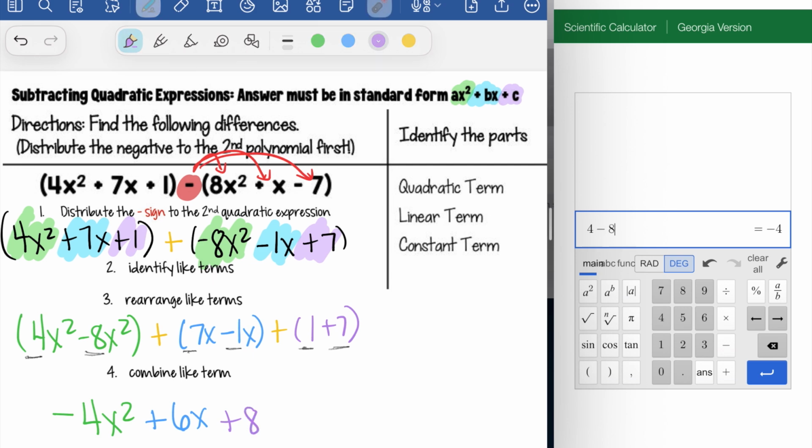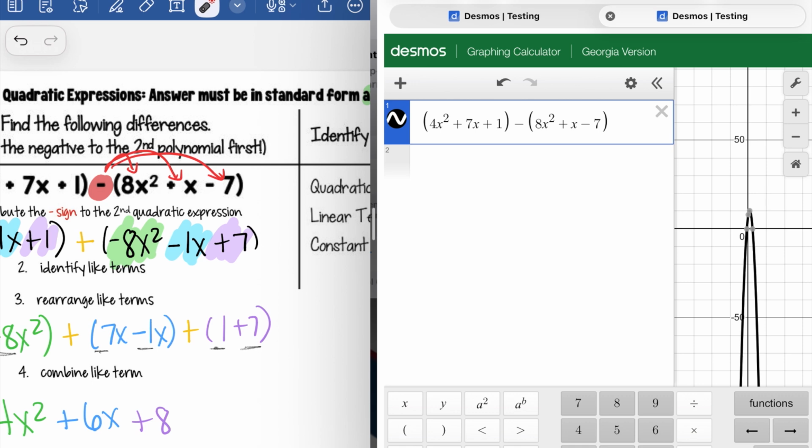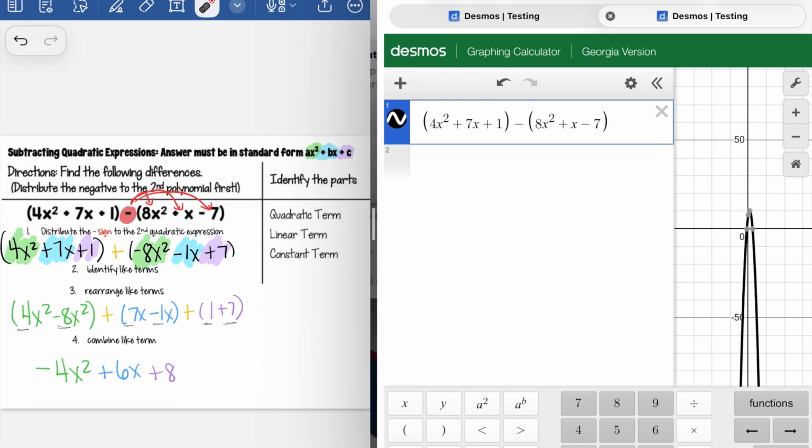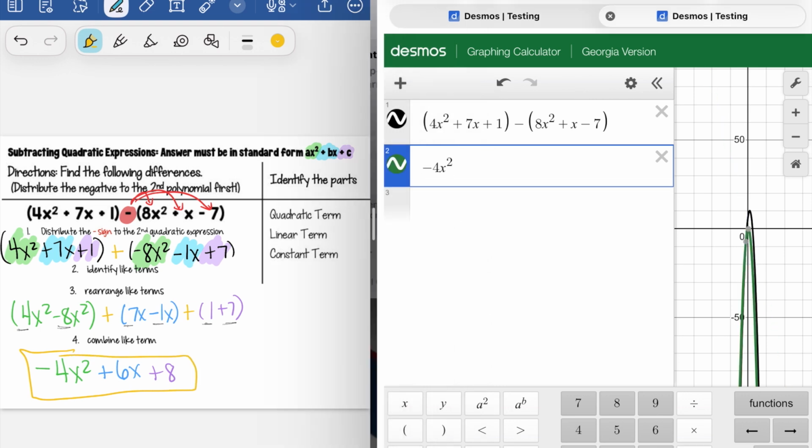So before we identify our quadratic, linear, and constant term, we're going to use our Desmos graphing calculator just to make sure that we did it correctly. So just like before, I typed in my original expression, and I want to see if the final answer that we got is equivalent. So I'm going to type it in, negative 4x squared plus 6x plus 8.